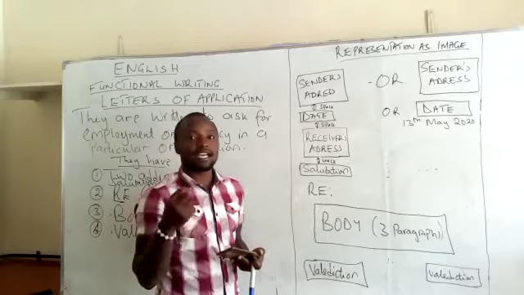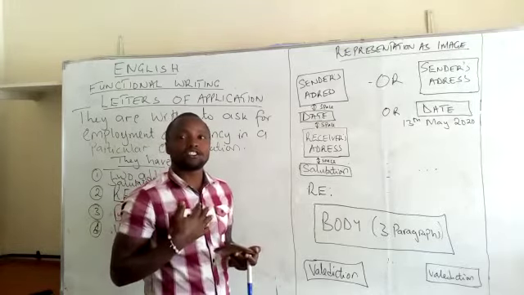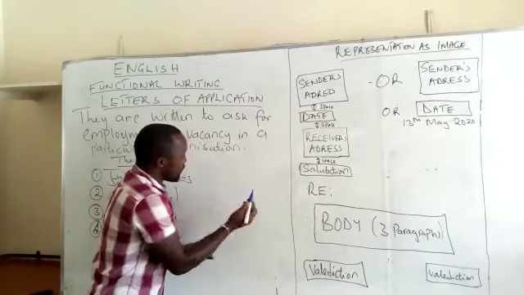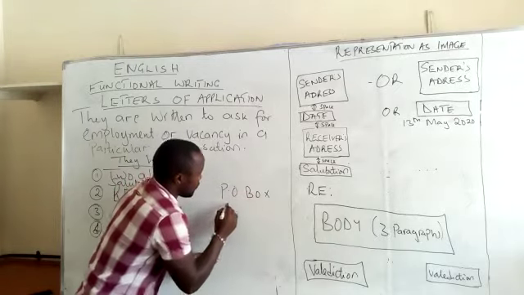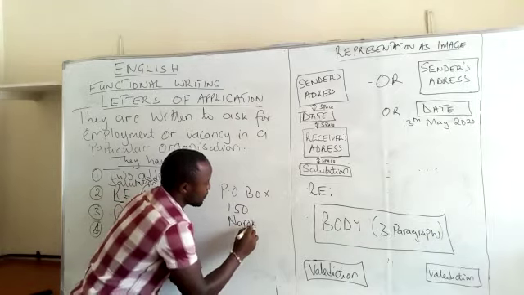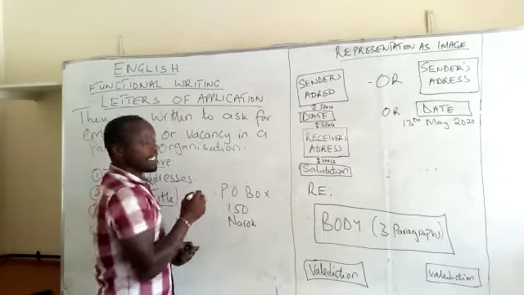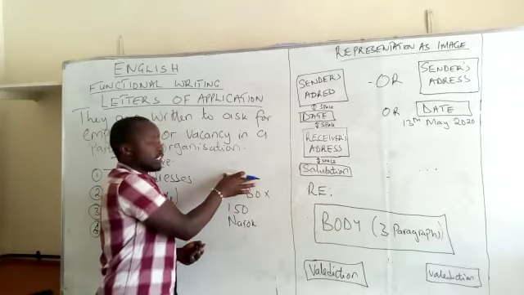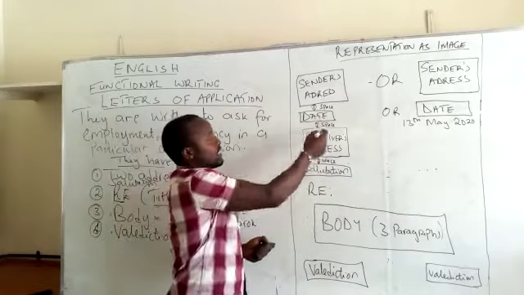It's either I write the name of the institution I am attached to, or I just begin with P.O. Box. For example, if I'm writing my address, I will say P.O. Box 150, and maybe I write the name of the town. If I am attached to a particular institution, it's only then that I can write the name of the institution here. But you should never write your name. You should never write the receiver's name.